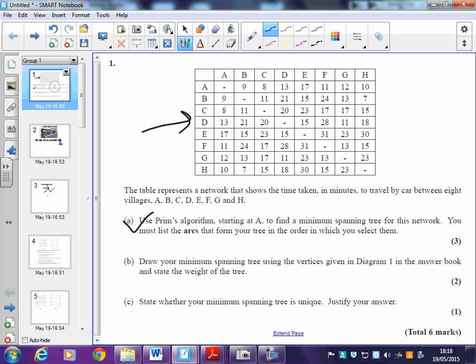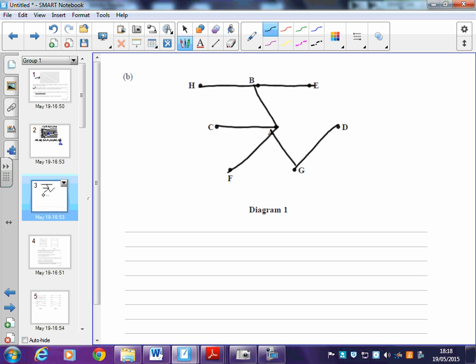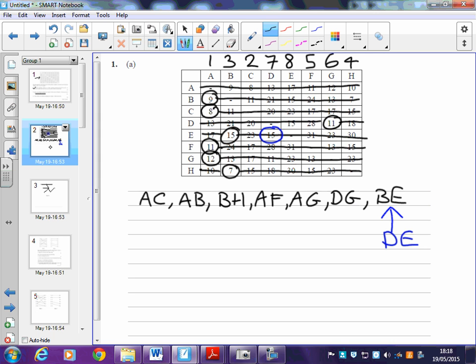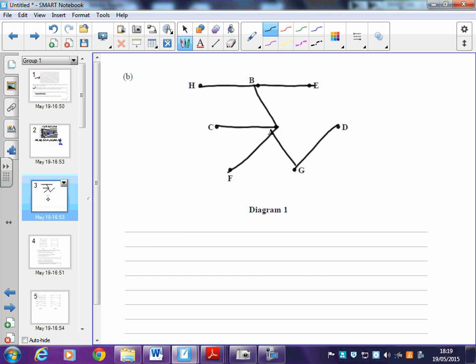Okay, go back to the question, check we've got everything, draw a minimum spanning tree. Yep, we've done that. State the weight of the tree is the next bit. So we just need to add up the lengths of these arcs that I've drawn in there. The quickest way of doing that is just to add up the circled numbers from the table. So I've got 9 and 8 is 17, 28 with the 11, adding on the 15 gives me 43, adding on the 11 gives me 54, adding on the 12 gives me 66, plus 7 gives me 73.